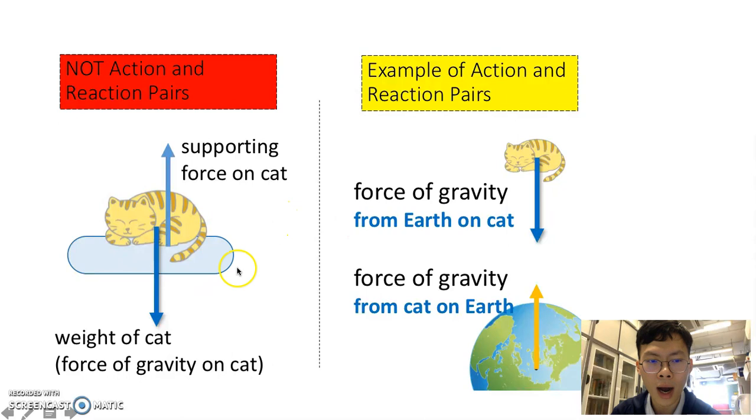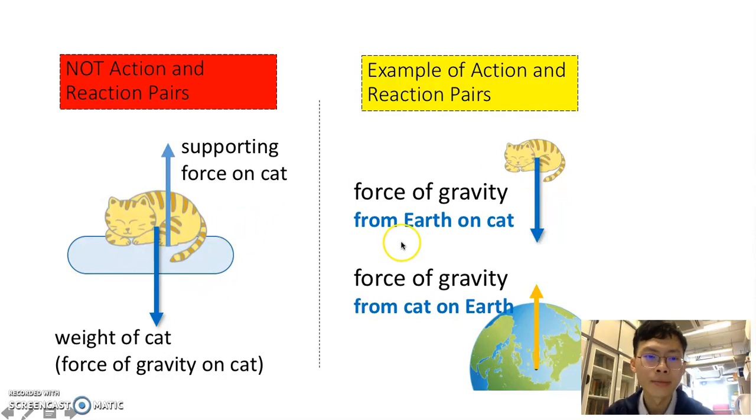The weight of the cat also occurs as a pair of forces, with the force of gravity from the earth on the cat making the cat move downwards, but at the same time there's a force of gravity acting on the earth by the cat. So you can say that the earth is also attracted by the cat.